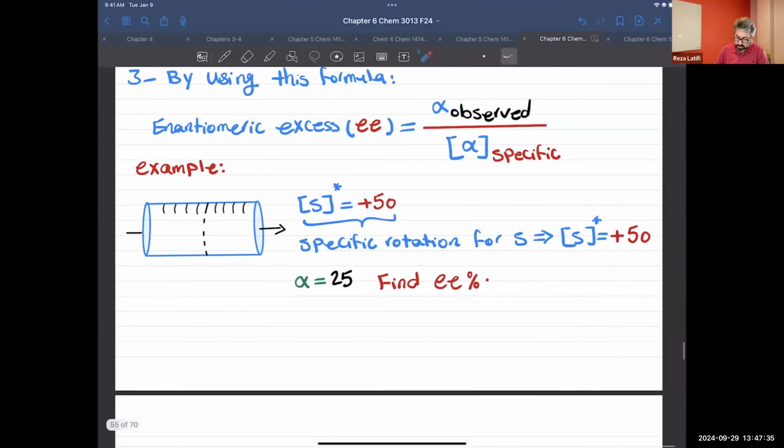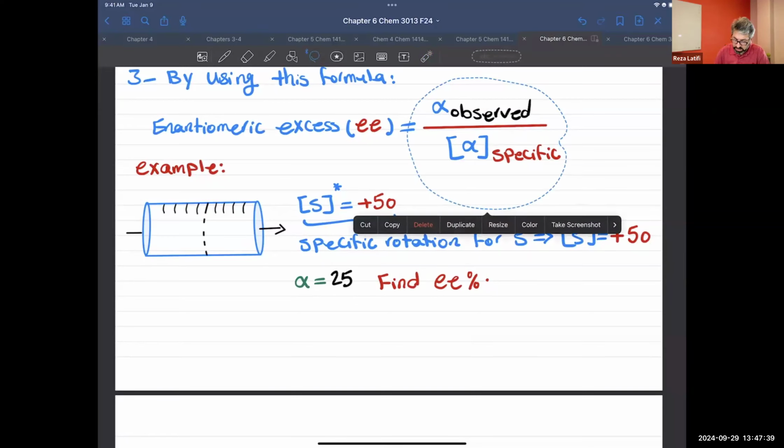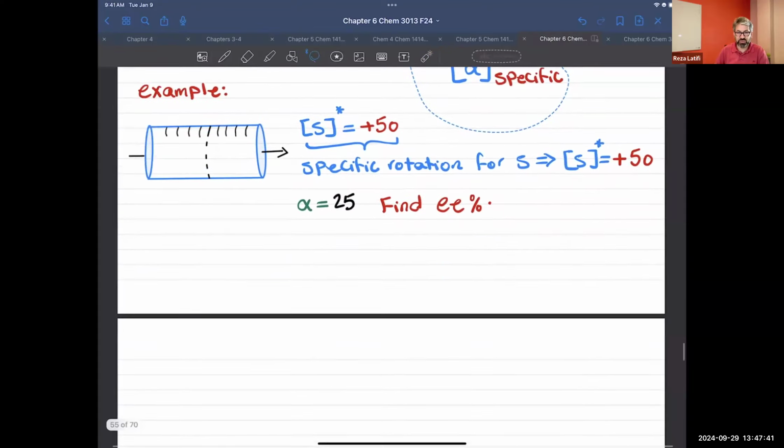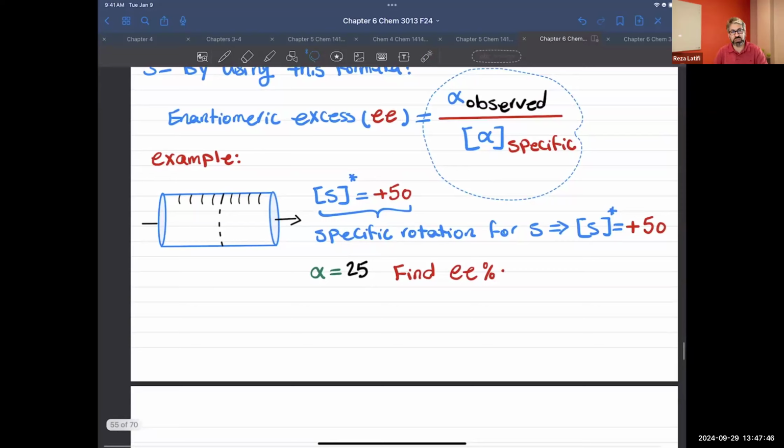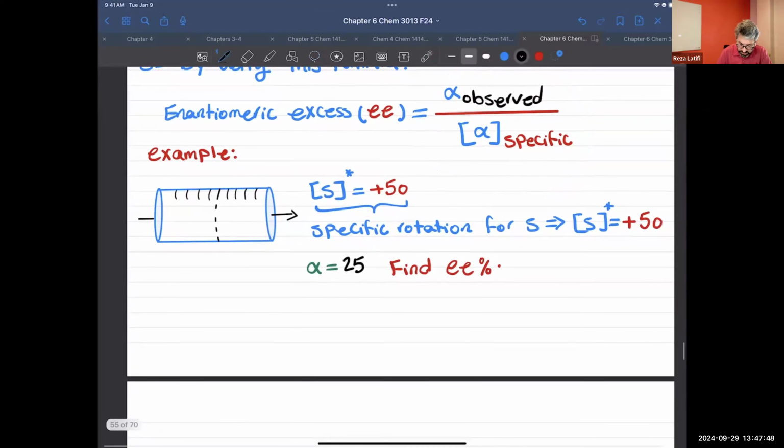So we're going to use this formula. The observed divided by the specific should give us the enantiomeric excess. So the enantiomeric excess is going to be the observed, which we have at 25, sign for it is positive, divided by plus 50.